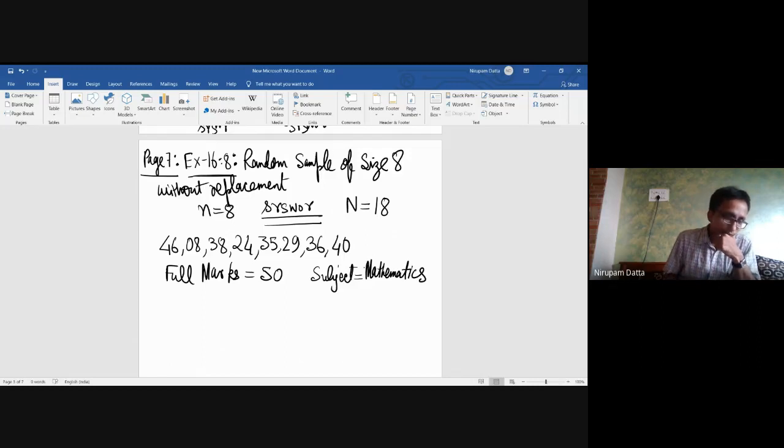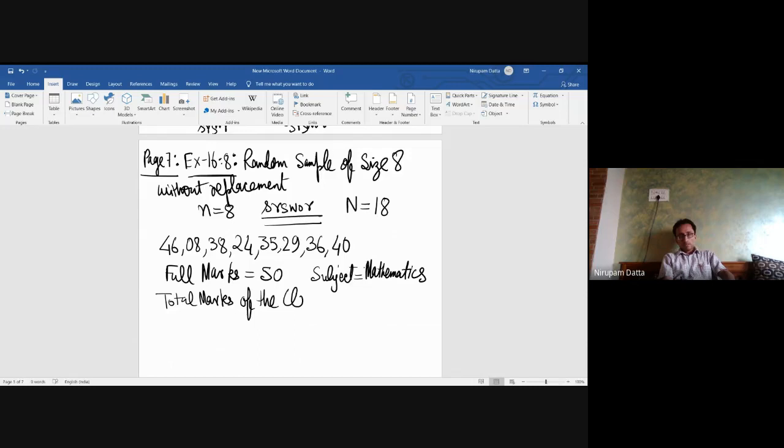Now we have to find the total marks of the class. So we have to estimate it, and then we have to find the variance of this estimate.